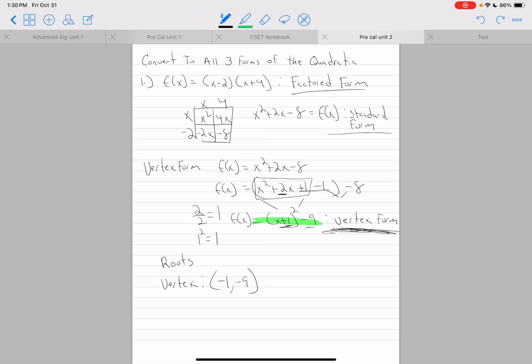The roots mean that either x minus 2 equals 0, so plus 2, plus 2. So either one of the roots is x is 2, so 2, 0 is one root. And the other root says x plus 4 has to equal 0, minus 4, minus 4. So my other root is negative 4, 0.